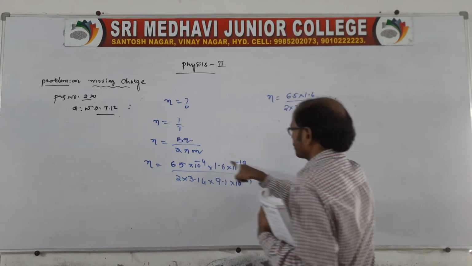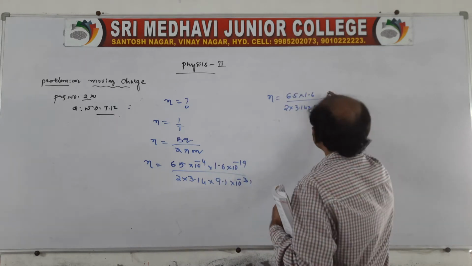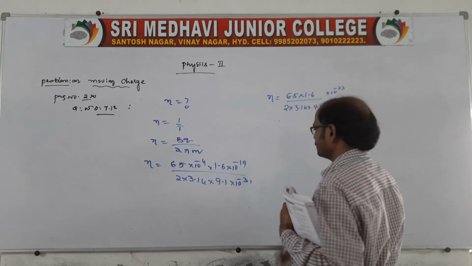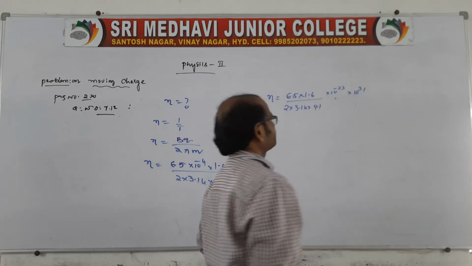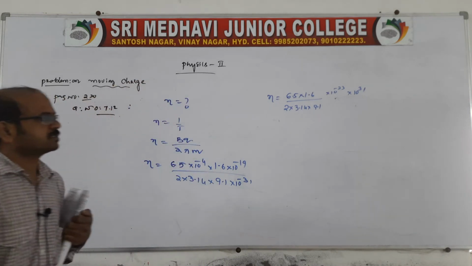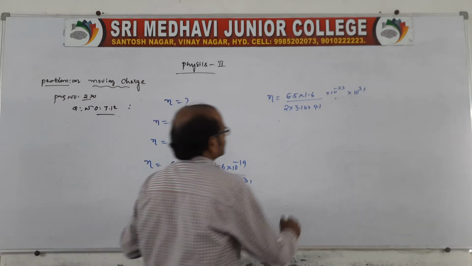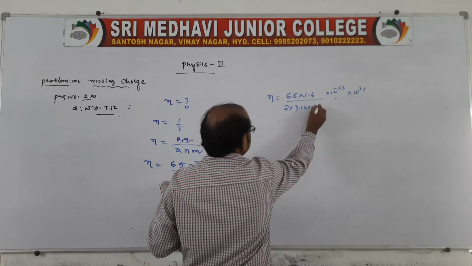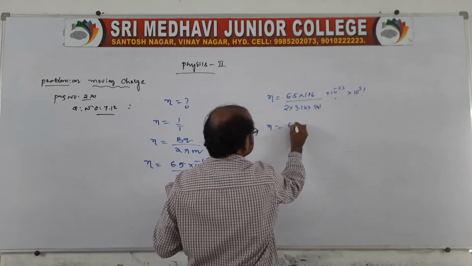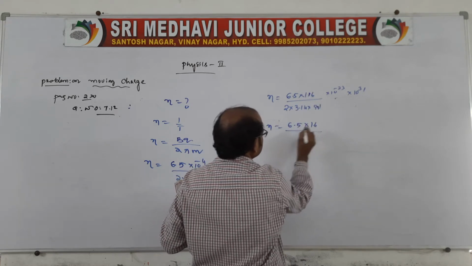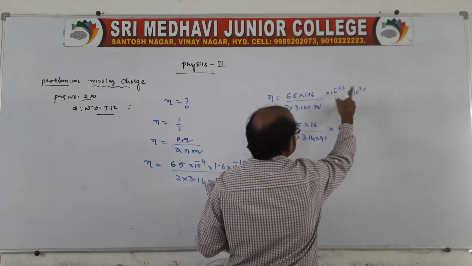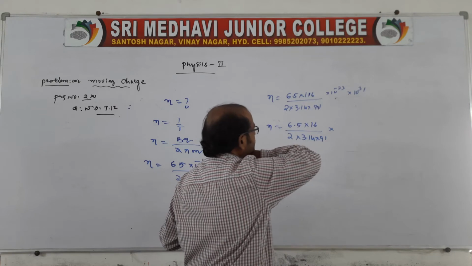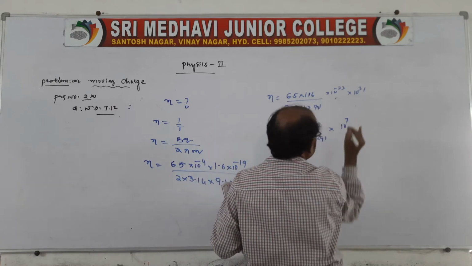This is 10 power minus 4, 10 power minus 19, no? It becomes 10 power minus 23, and then the denominator 10 power minus 31 is there, no? So n is equal to 6.5 into 16 by 2 into 3.14 into 91, and if I subtract here, we may get 10 power 7, I think.